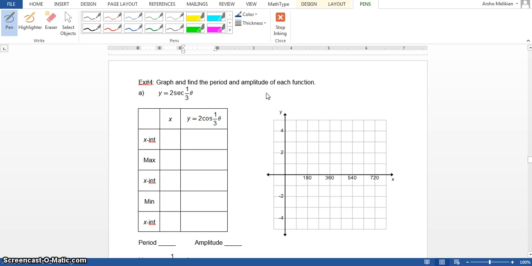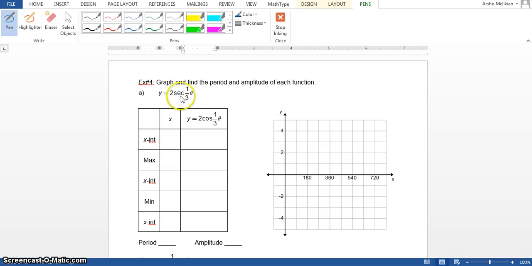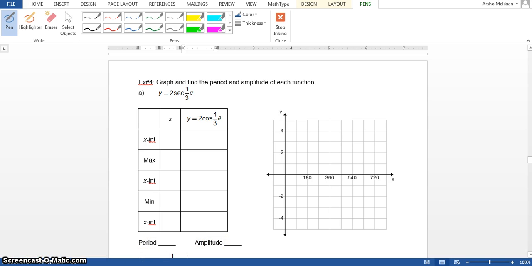All right, so here we have the period and the amplitude of each function. So what we want to do is, if you're going to graph the secant, that's related to the cosine, you first graph the cosine. So this is not a typo. You take the cosine function of it. Now, I'm not going to worry about amplitude. Let's talk about period. What is the period of this function here?